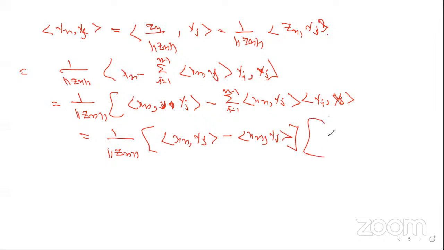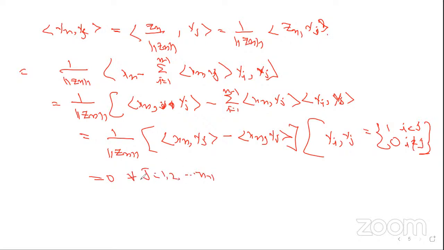See here, the inner product of yi comma yj equals 1 if i equals j, and 0 if i is not equal to j. So that equals 0 for all j equal to 1 to n minus 1.